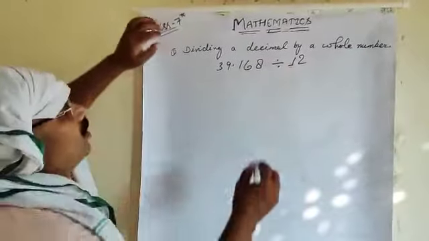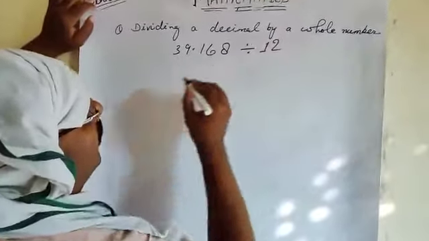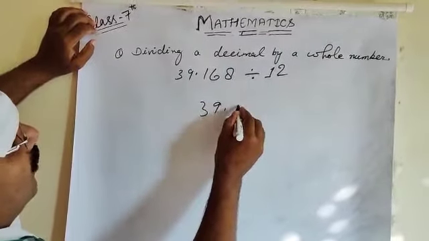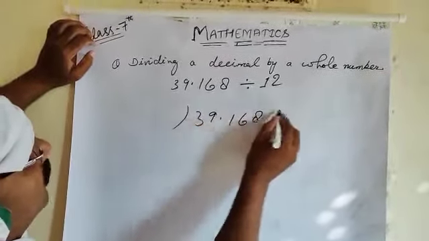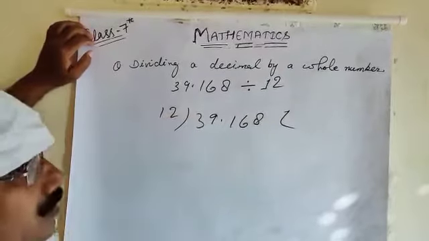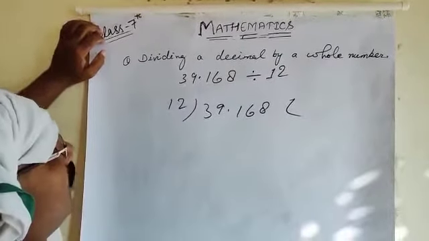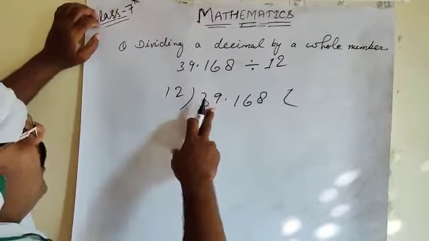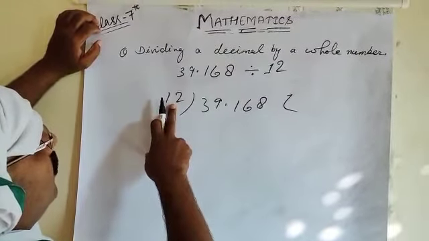a whole number. So how can you divide this? You should use the long method of division by this 12. Before the point there is also a whole number, 39, and here 12.